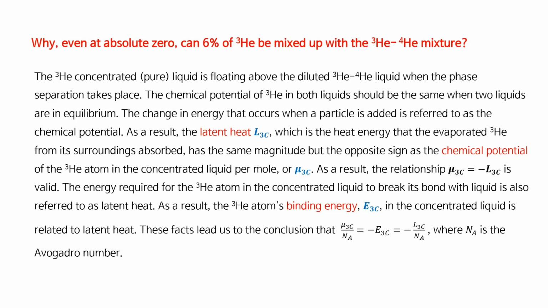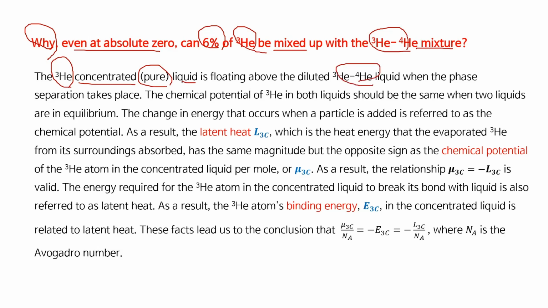Now let's see why, even at absolute zero, 6% of helium-3 atoms can be mixed with the helium-3 helium-4 mixture. The helium-3 concentrated pure liquid is floating above the diluted helium-3 helium-4 liquid when the phase separation takes place. The chemical potential of helium-3 in both liquids should be the same when the two liquids are in equilibrium.